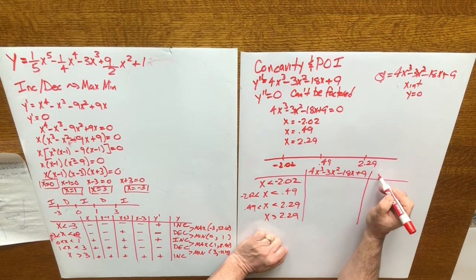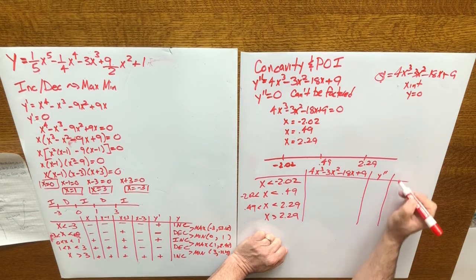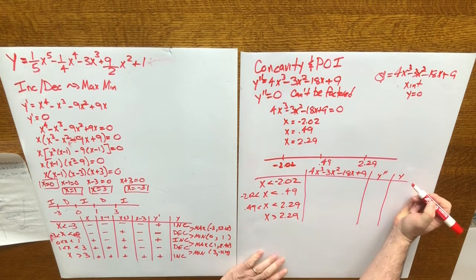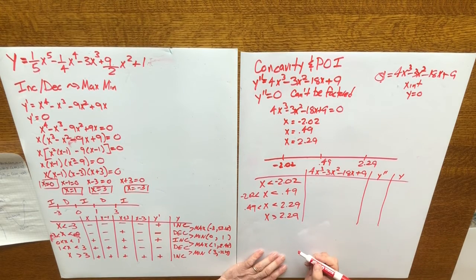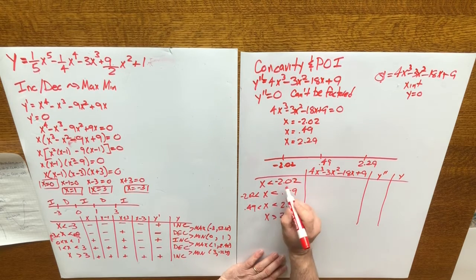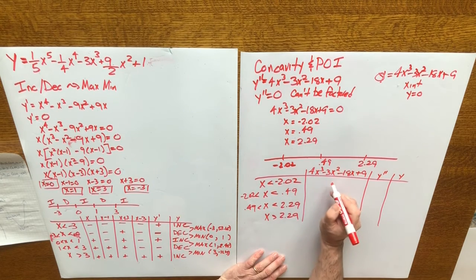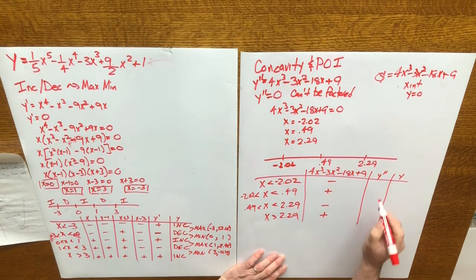And then we'll say, what's the summary and what does that imply about the function? So putting a number less than minus 2.02 into this expression gives you a negative number, and then they alternate in this case, like that. So y double prime is negative, only one column, so the summary is a bit redundant.